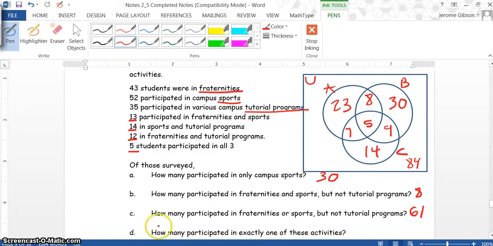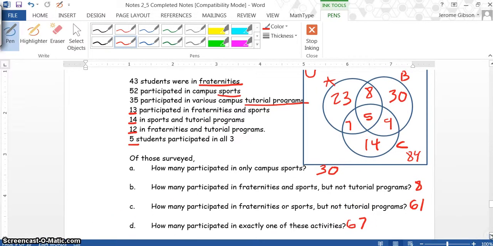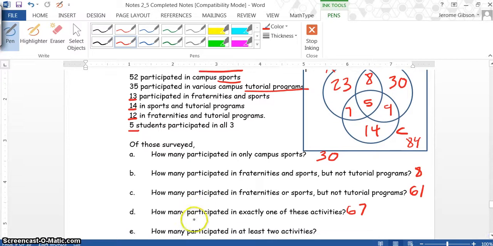Now we scroll down here to see how many participate in exactly one of these activities. So we would add set A, B, and C where there's no intersection. So we add 23 plus 30, which is 53, plus 14, which is 67. Now we come here to E. It says how many participated in at least 2 activities.